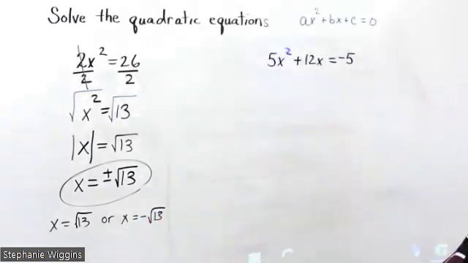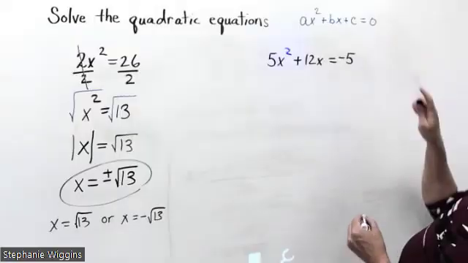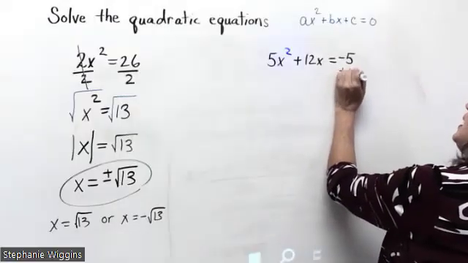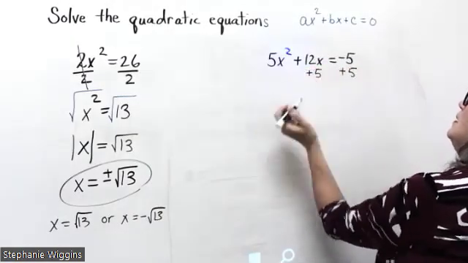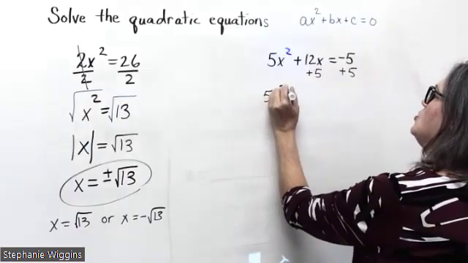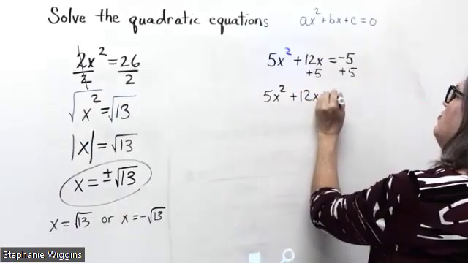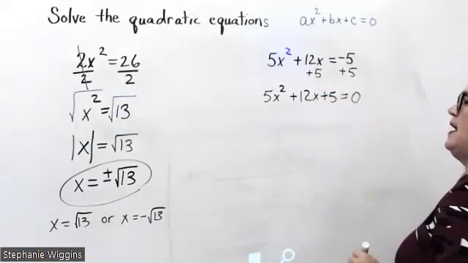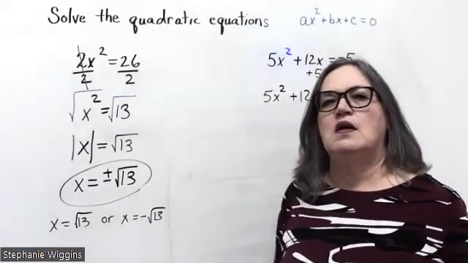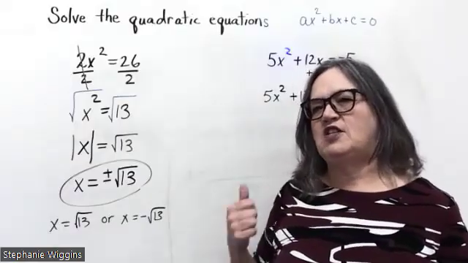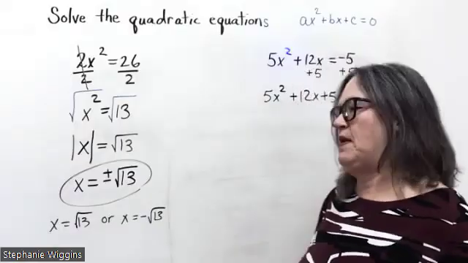Now over here, we want to get it in this form, so we're going to add 5 to both sides. And that's going to give me 5x squared plus 12x plus 5 equals 0. And I'm going to go ahead and check the discriminant, because I have a hunch that this doesn't have solutions, but I'm not sure.